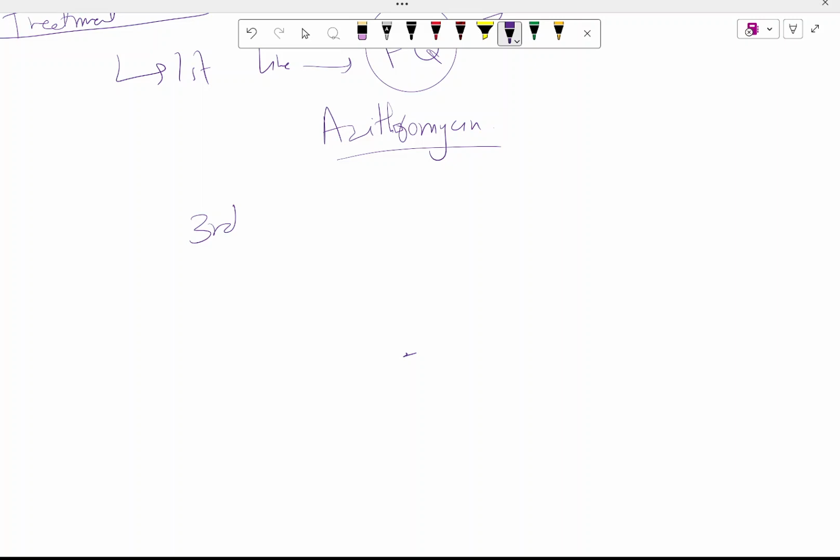So what will you do? You will ask about clinical features. The patient says, I am having no symptoms. What will you do? You will treat him with fluoroquinolone, cephalosporins.